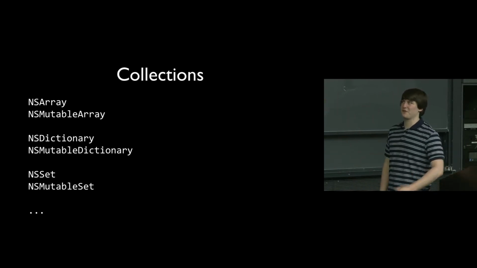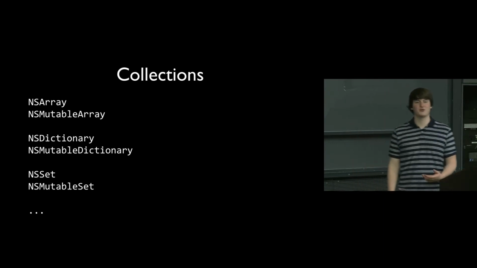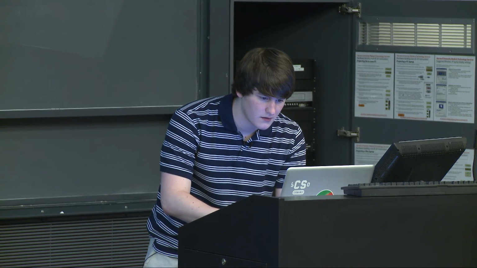Sets are just another example of a collection. NSArray is going to be the most commonly used, and we're going to use it right here. So looking at the next example. Okay, so Student.h and Student.m haven't changed.